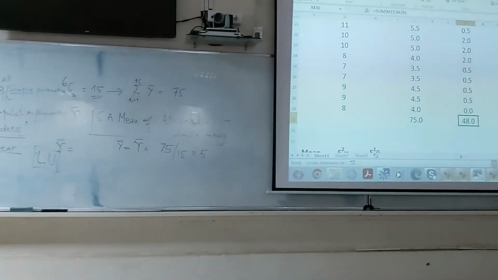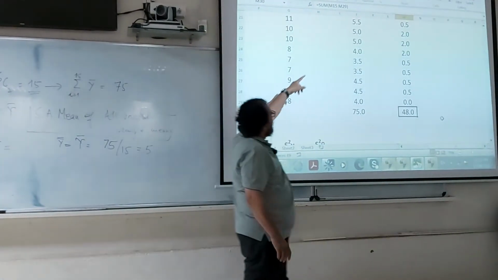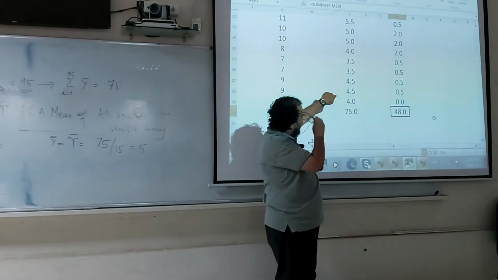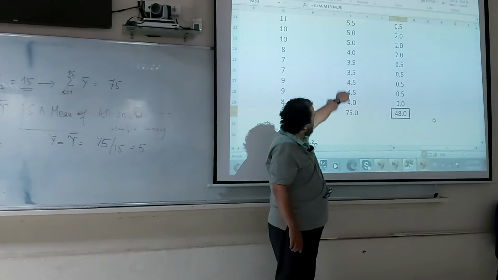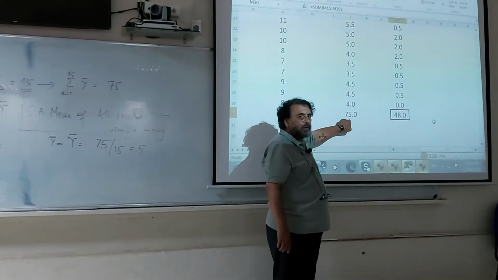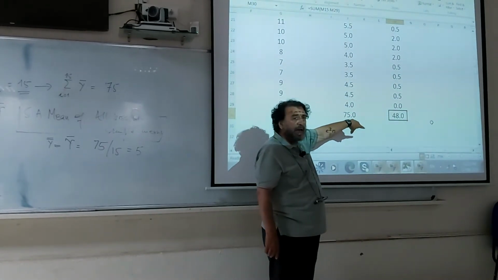Please note what we are doing here, just as we did in case of arithmetic means. We calculated all 15 arithmetic means, then we took the arithmetic mean of all arithmetic means, that means 75 divided by 15, which gave us the value of population mean equal to 5. Does the same thing happen with this?